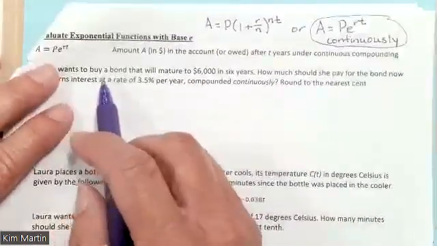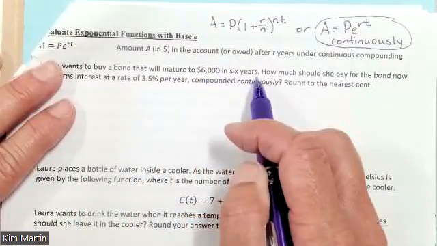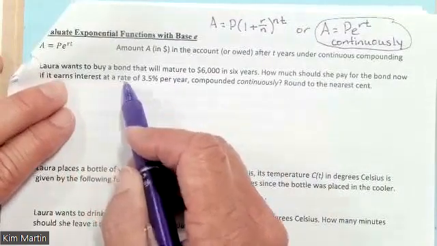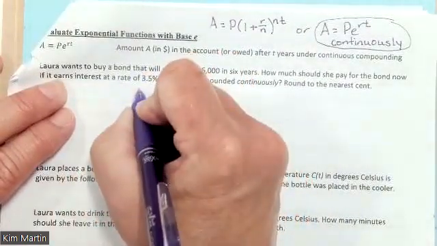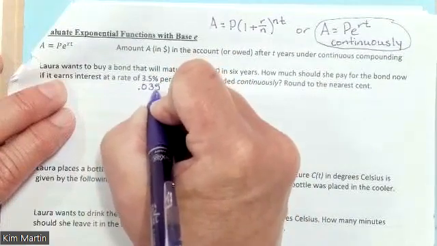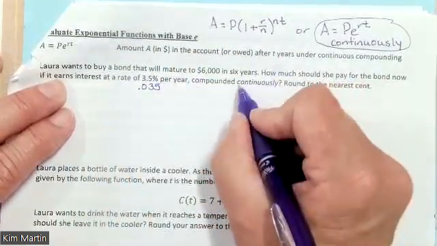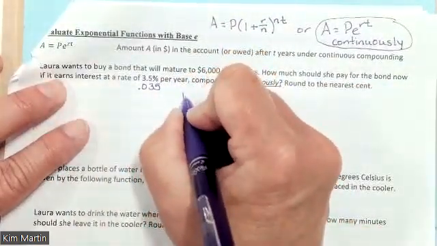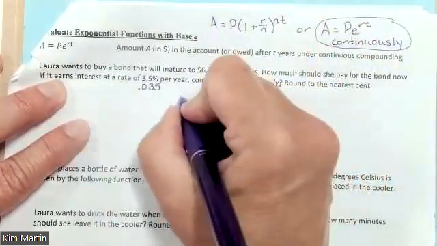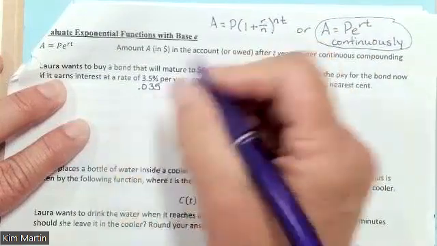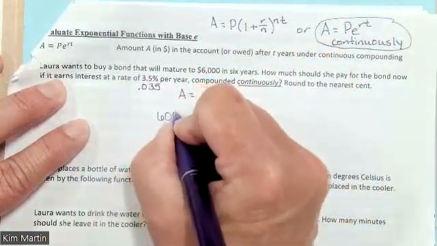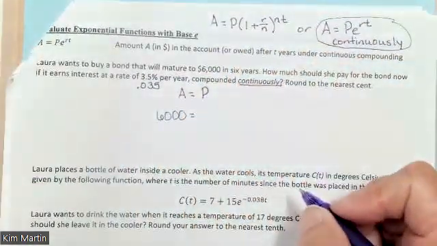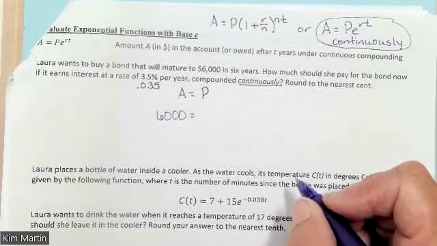So Laura wants to buy a bond that will mature at $6,000 in 6 years. How much should she pay for the bond now if she earns interest at a rate of 3.5%? So we're going to use 0.035 per year, compounded continuously. There's that word. That word tells you I'm going to use this. A, which stands for the amount in the future, which in this case is $6,000, equals your principal, which is how much you're going to invest now, which we don't know.